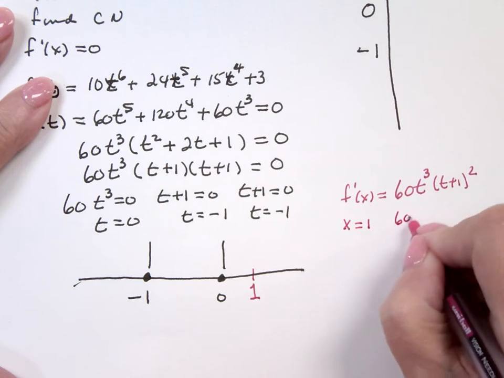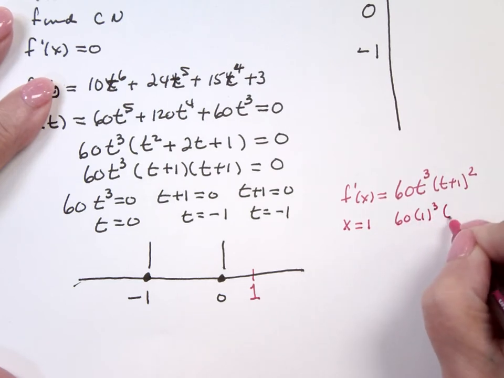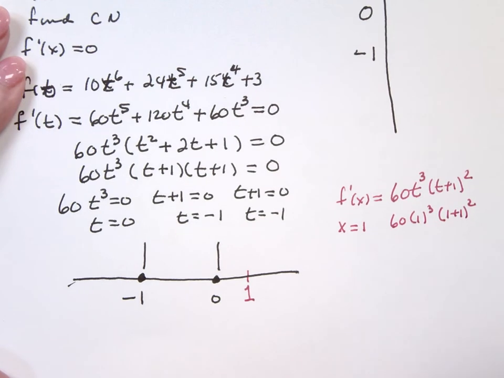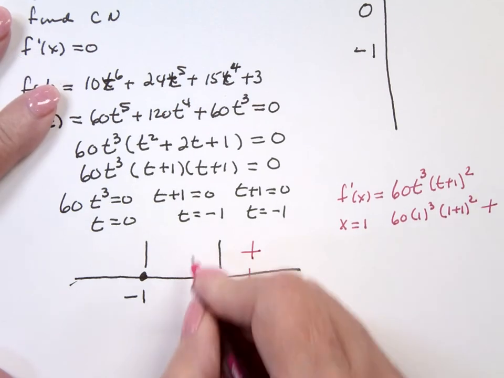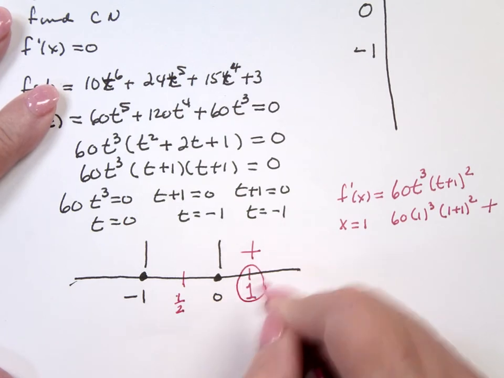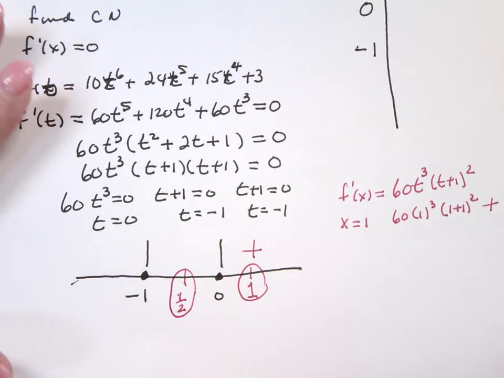I'll get 60 times 1 cubed times 1 plus 1 squared, positive or negative? 60 is positive. 1 cubed is positive. 1 plus 1 squared is positive. So this guy's positive. Second test point, negative 1/2. Now I'm going to circle them because I have a tendency otherwise to figure, is 1/2 the right number?